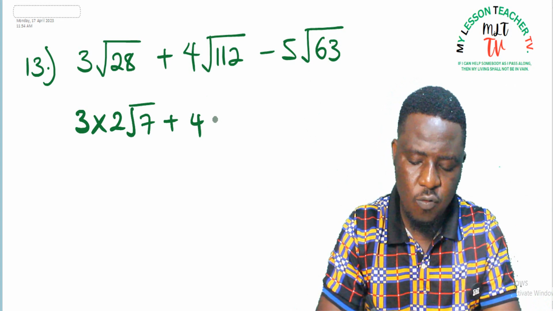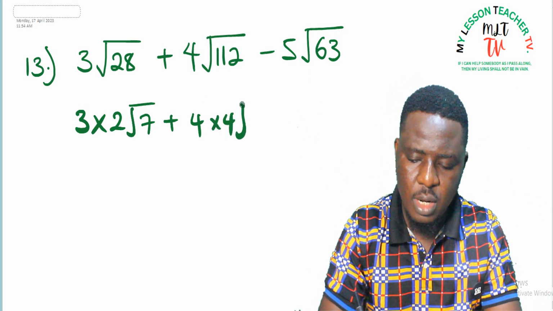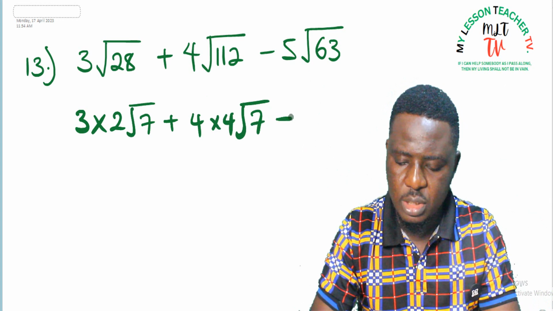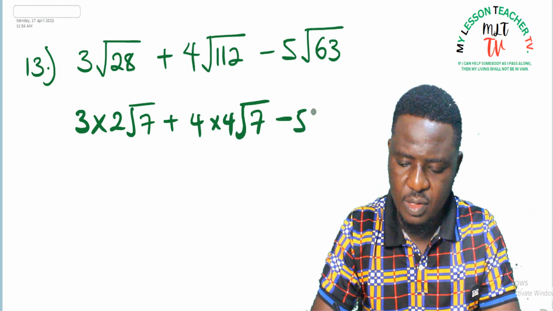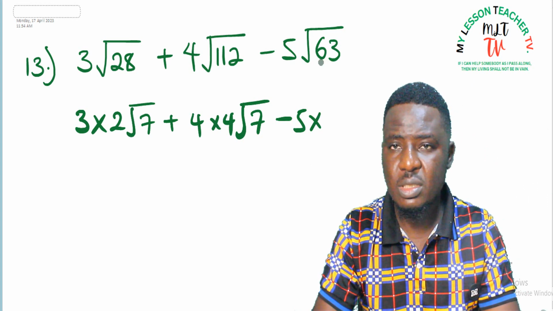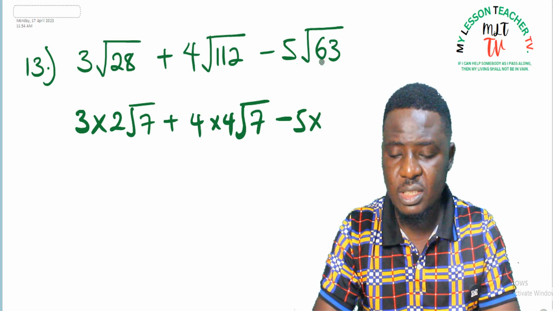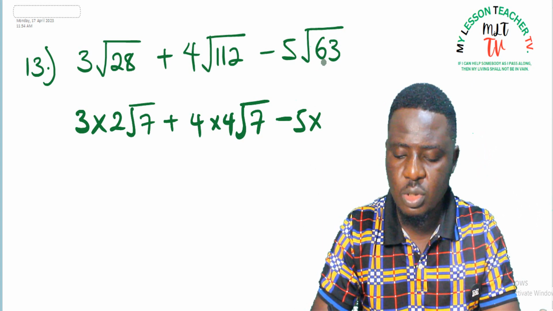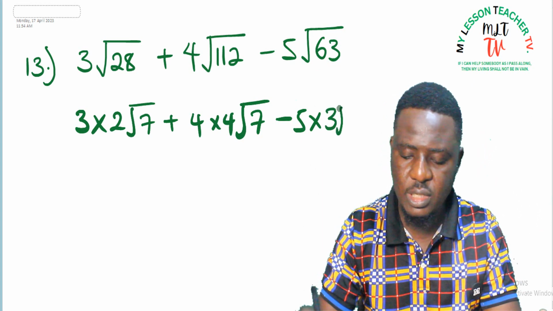So this is 4 times 4 root 7 minus 5 times root 63. This is 9 times 7. 9 times 7 is 63. So that becomes 3 root 7.